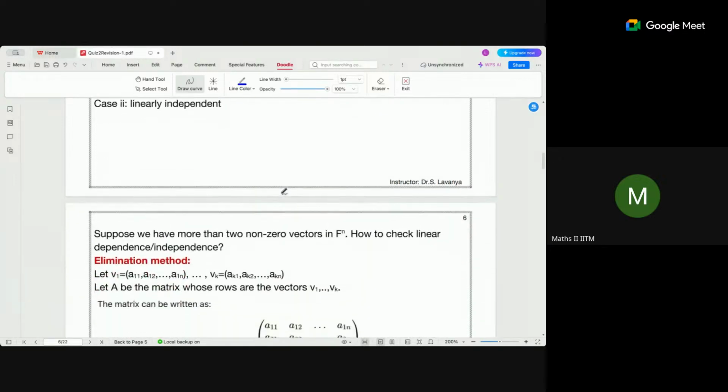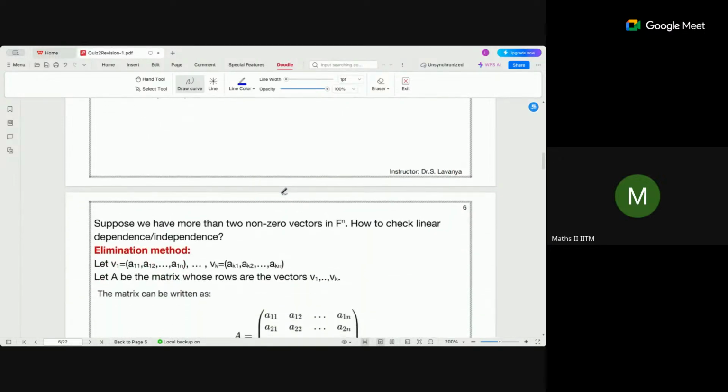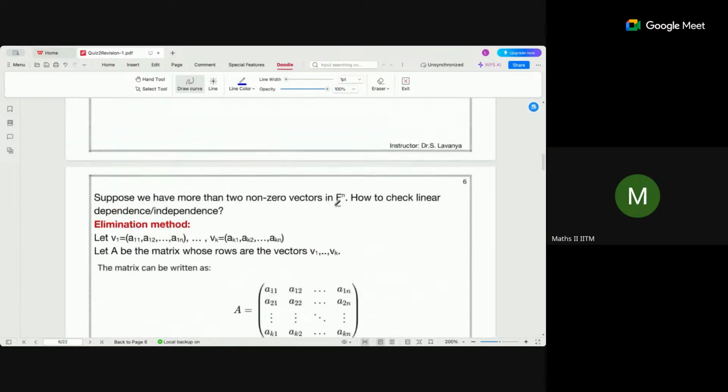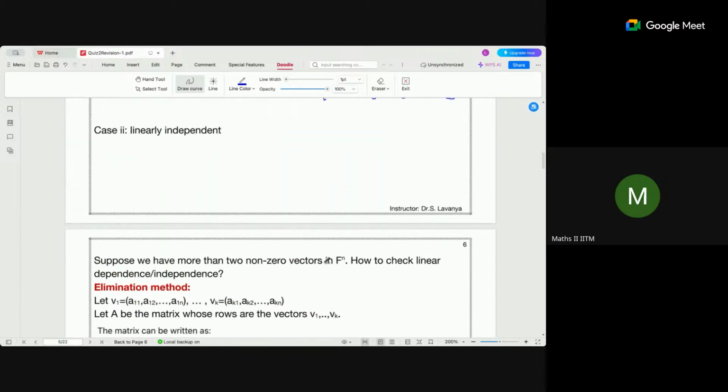Okay, fine. So suppose we have more than two vectors in Fn, how to check linear dependence? One thing we can do without elimination: suppose we are having a set of n vectors in Fn.